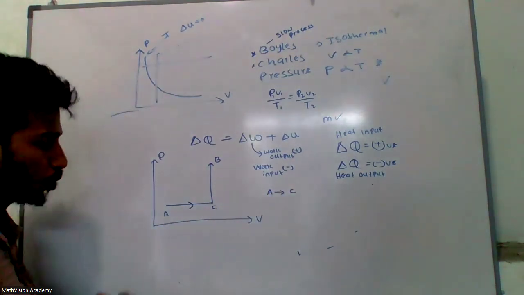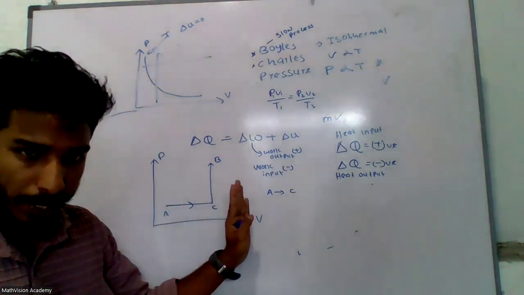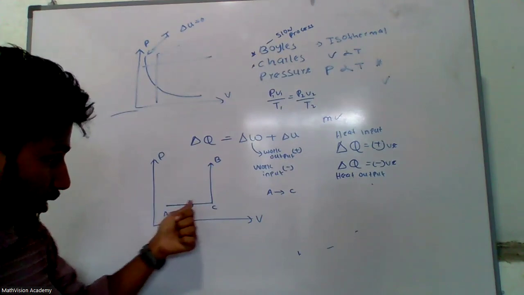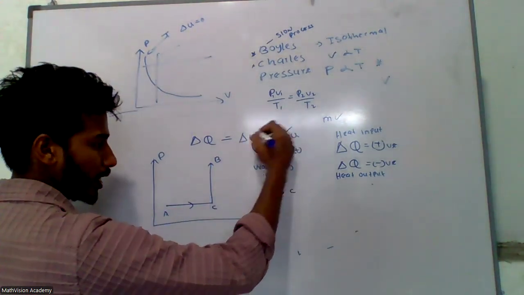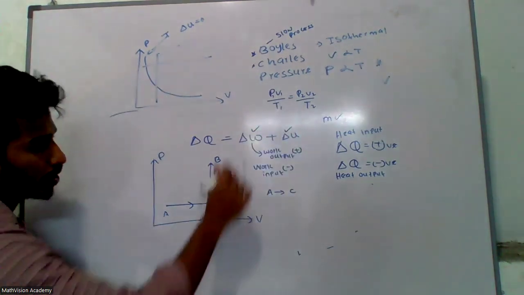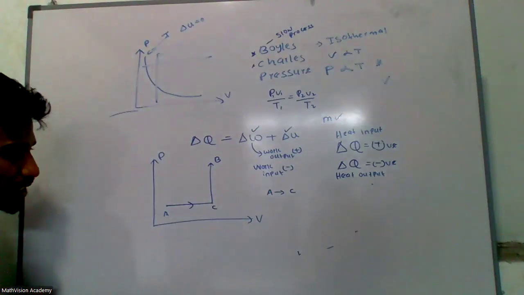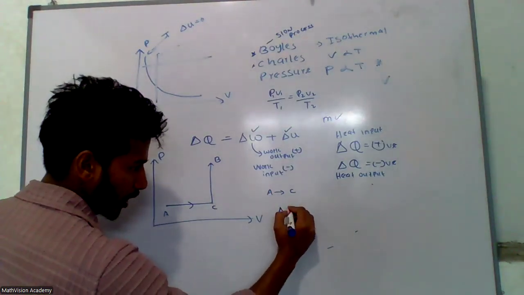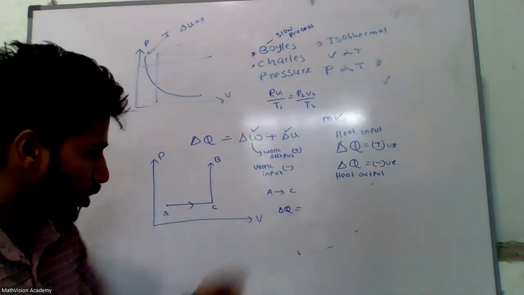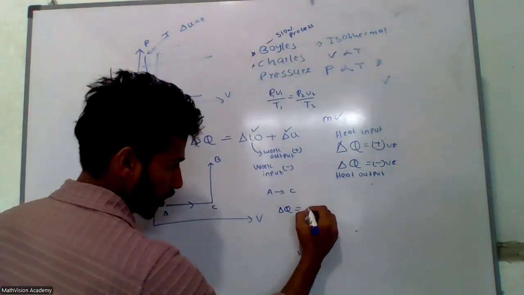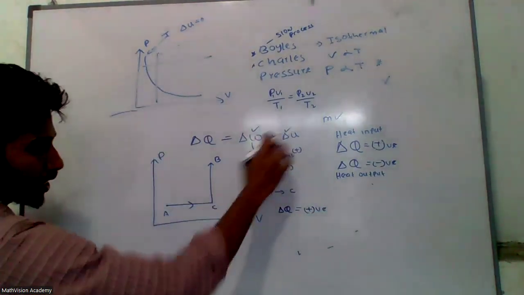You can see from A to C, the volume is expanding and the temperature is also changing. So you have an internal energy change and a work done. So you should have a delta Q. If I write with the sign convention, delta Q is equal to work done, which is positive, plus change in internal energy.